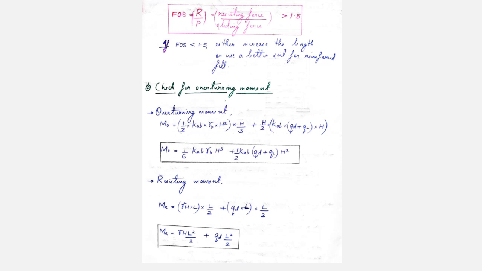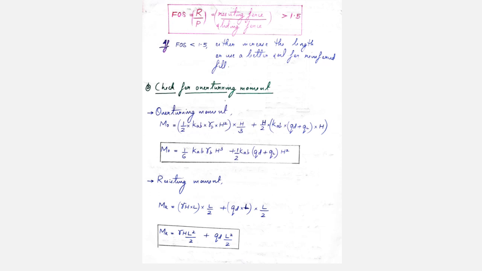The overturning moment is due to the forces which we have already seen before. Overturning moment is due to the forces exerted by the self weight of the backfill soil and the weight of the additional loads such as the surcharge loads, that is the dead load and live load.